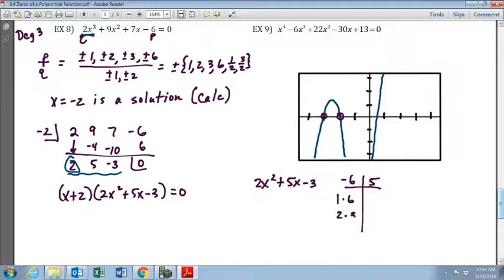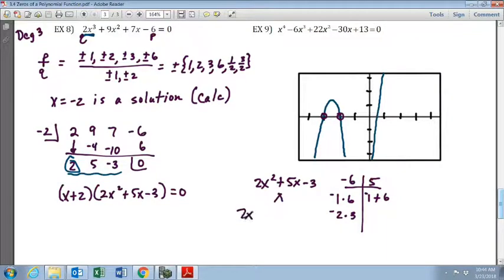So we need to find two numbers that multiply to -6 and add to 5. They need to have opposite signs, so they multiply to a negative number. And we want to make sure the bigger one is positive so that when we add we get a positive number. We need 5 here. So let's make the smaller number negative. So the combination that's going to work is -1 and 6.